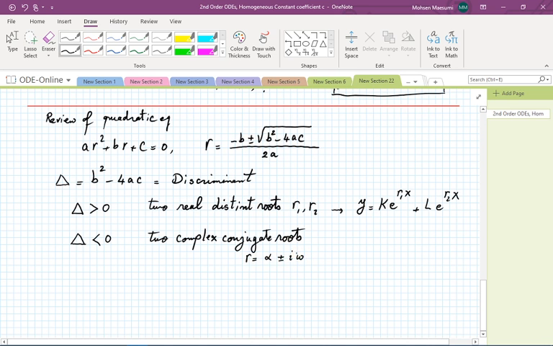We are going to explain that if you have a complex conjugate in this format, then the solution can be written like this: y is exponential of alpha x times, say, a cosine of omega x and b sine of omega x.